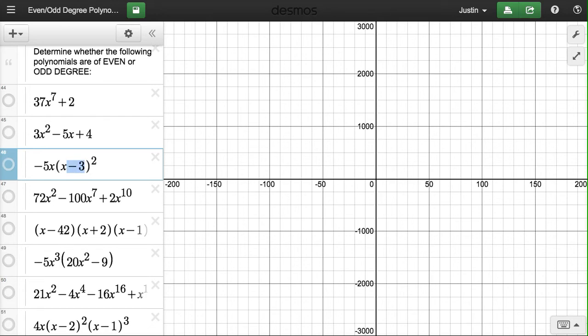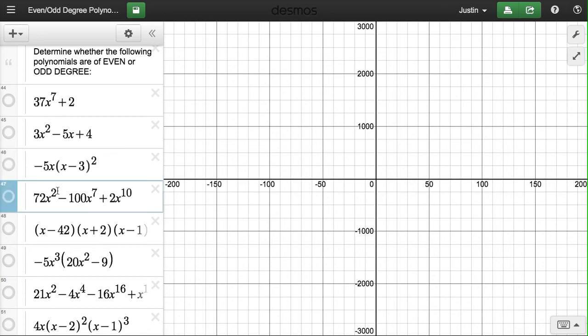You have to cover that up, and what do you see? You see an x squared, right? So you really have x squared here times x, that's x cubed. So this polynomial is actually degree 3.